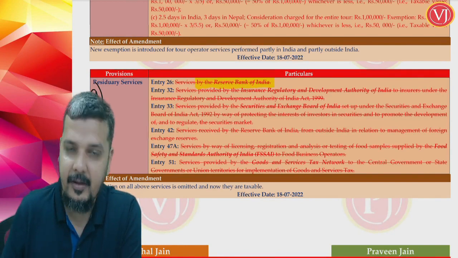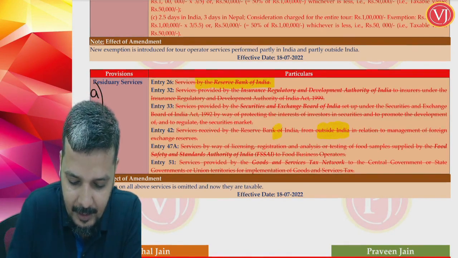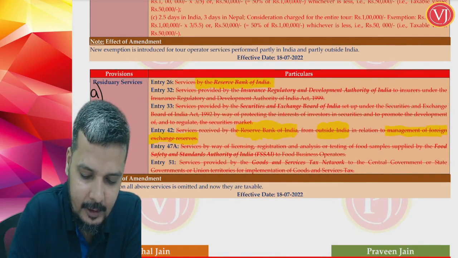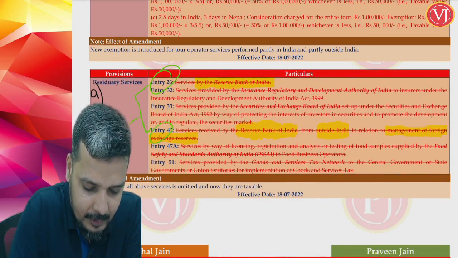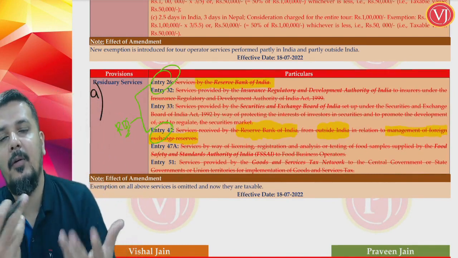Previously, services given from outside India to RBI in relation to management of foreign exchange reserves, both are related to RBI. So entry numbers 26 and 42 are both related to RBI. One is services given by RBI. Previously it was exempt, now it is taxable.